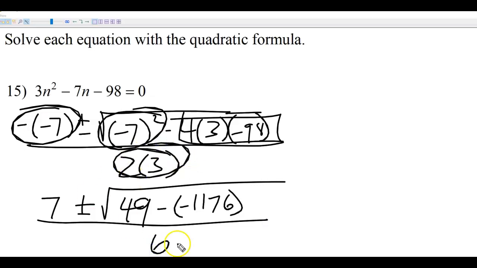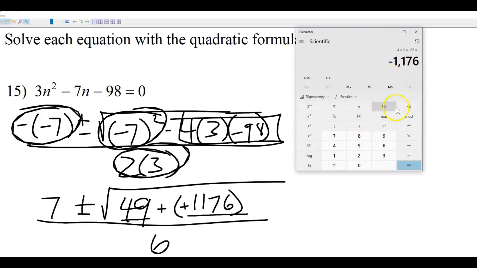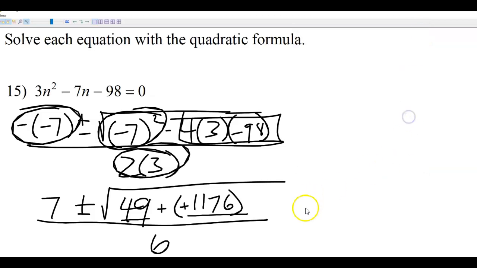Okay. In this case, double negatives become positive, and then we're going to add these two numbers together. So let's do that. It's not negative anymore because of the double negative. So we're going to do 1,176 plus 49. And that's going to be 1,225.